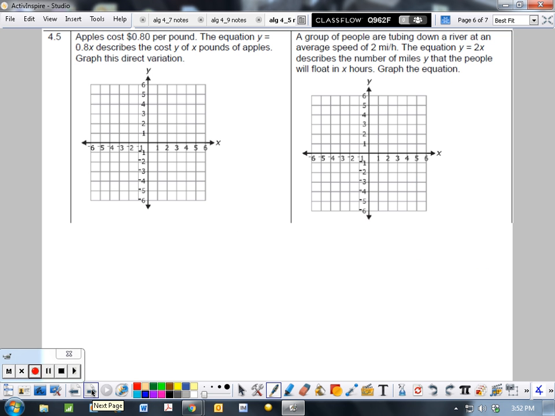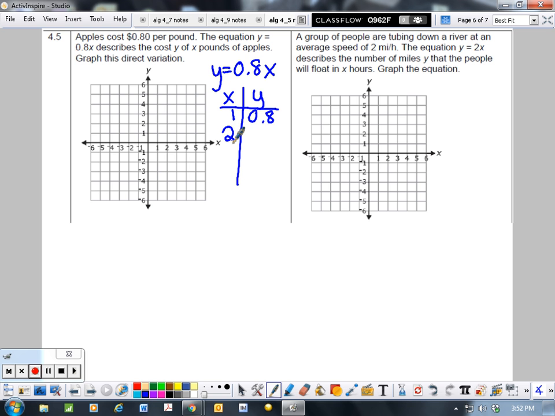Apples cost 80 cents per pound. The equation y equals 0.8x describes the cost y of x pounds of apples. Graph this direct variation. So we have several options for us. We have this equation, y equals 0.8x. We can build ourselves a table. I could say, okay, if x is 1, what is y going to be? 0.8.